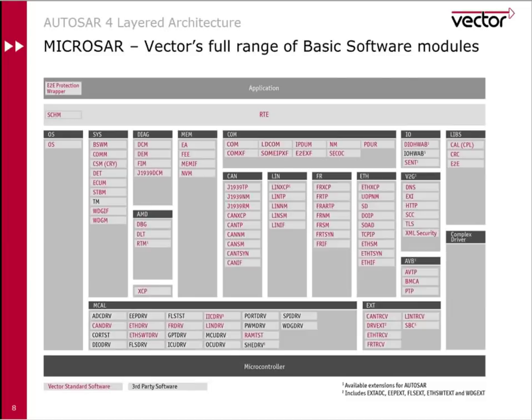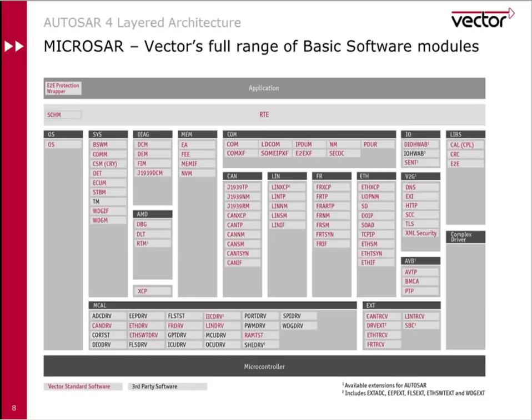Now I want to move up to the RTE layer, the layer you see here in between the basic software and the application software. RTE stands for Runtime Environment. And it's the layer of software within the AUTOSAR architecture that is wholly generated by the configuration tools.